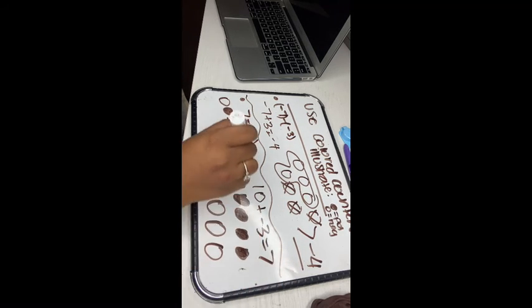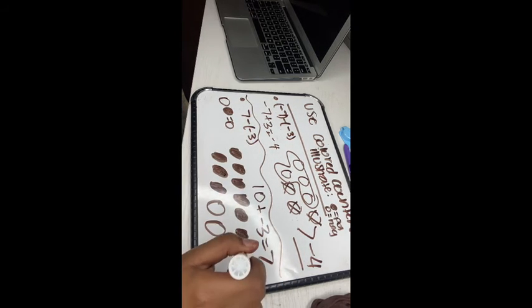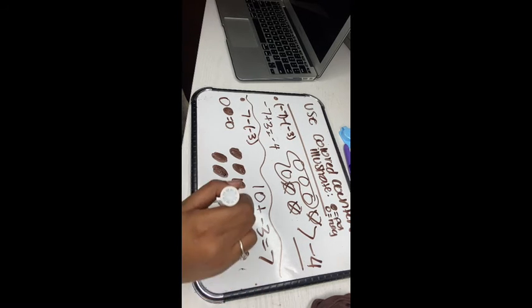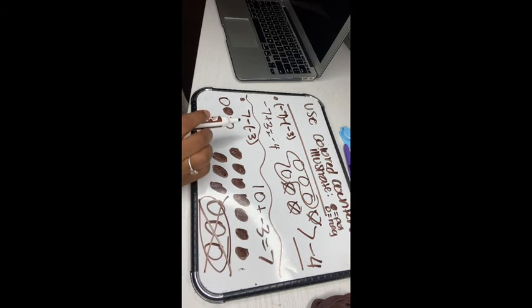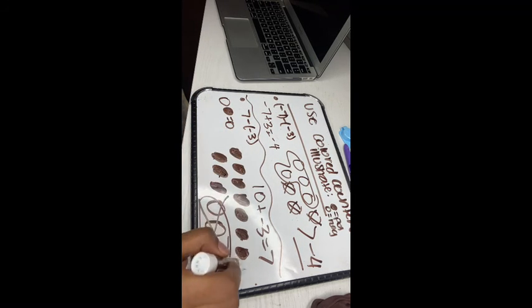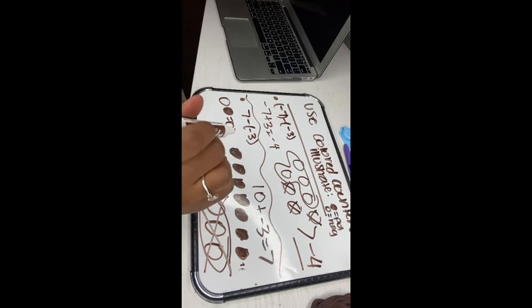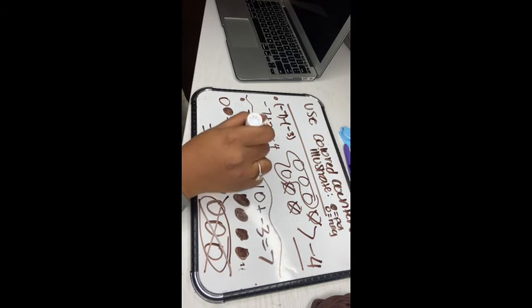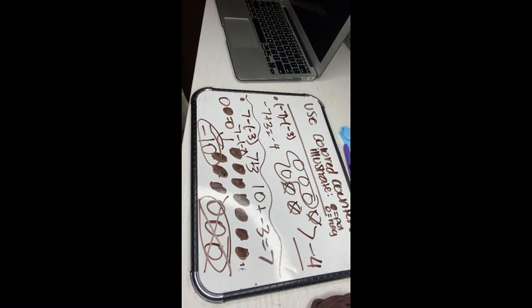But you take away these because we're taking away -3 of 7, which leaves us with 10. And 7 plus 3, or 7 minus -3, is indeed 10.